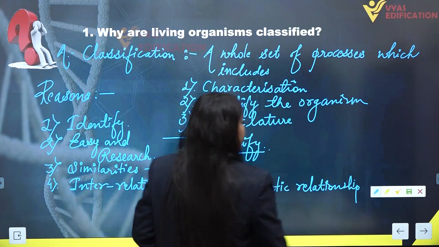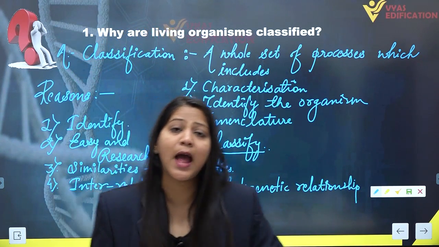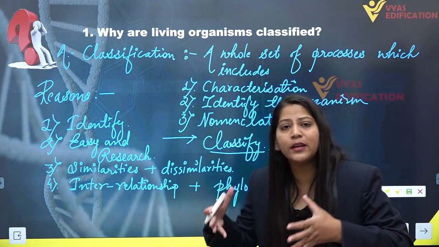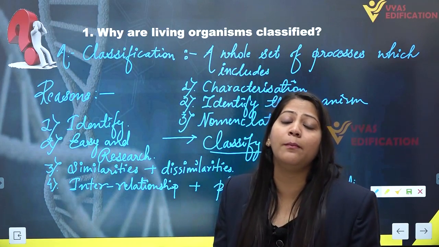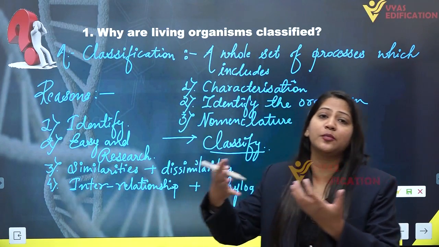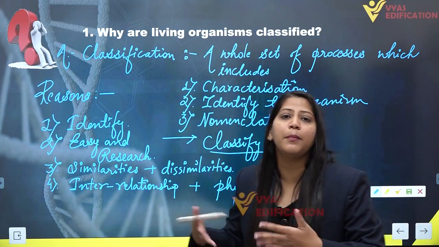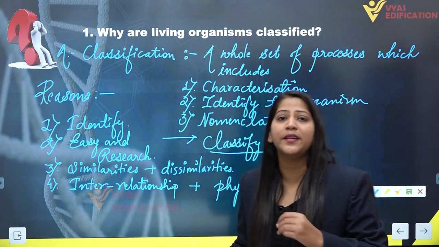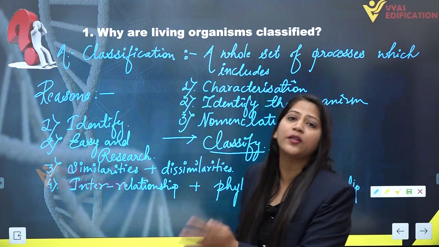Next thing is, with the help of classification, we get to know how a complex organism has actually evolved from a simple organism. Basically, classification helps us to understand the evolutionary process.